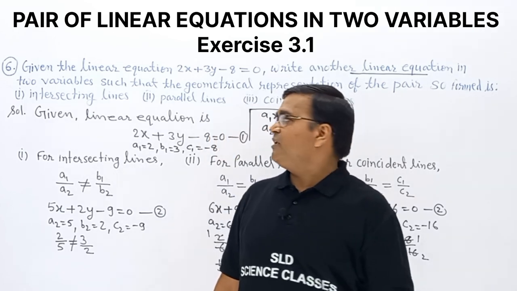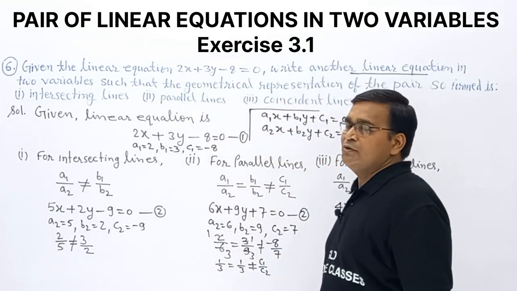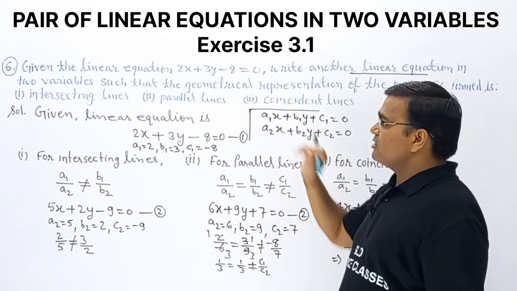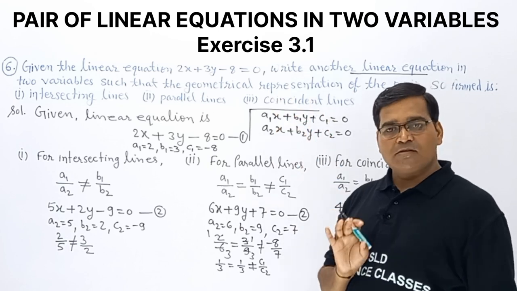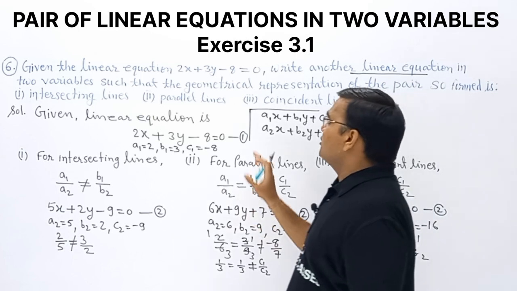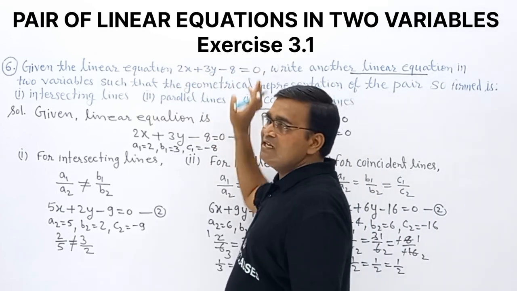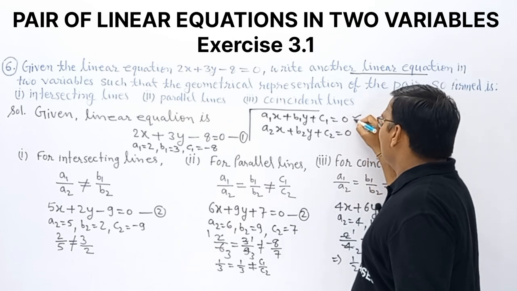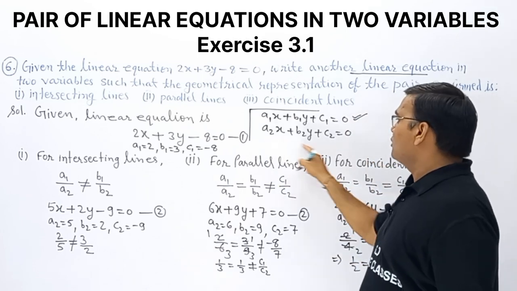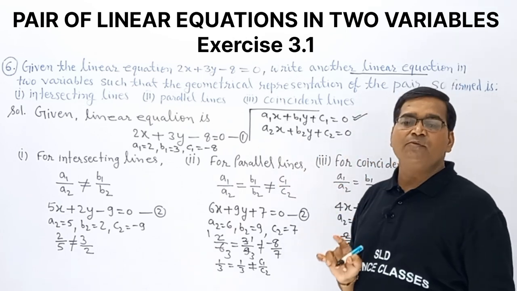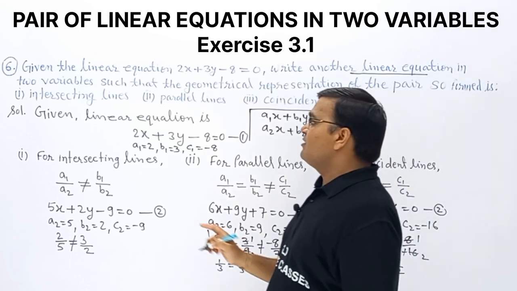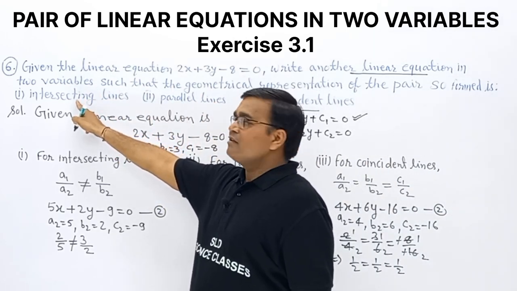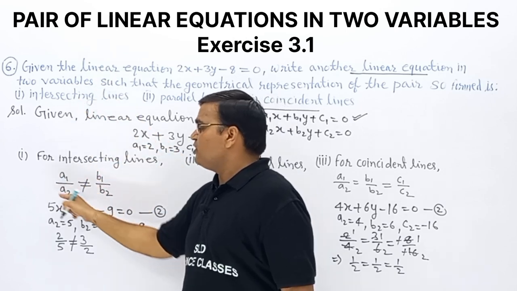Clear? Listen carefully to what we are doing in these questions. We have three parts in question number 6, and these are simple. In this question we have one linear equation in two variables and we want another one. How will we find it? Once the equations are intersecting lines, the condition will be this one.